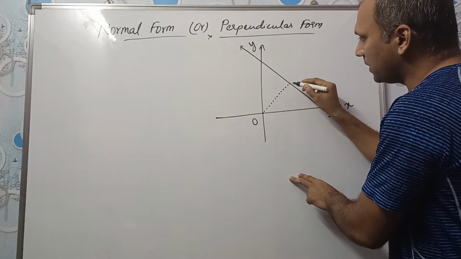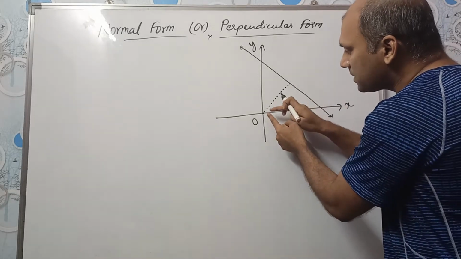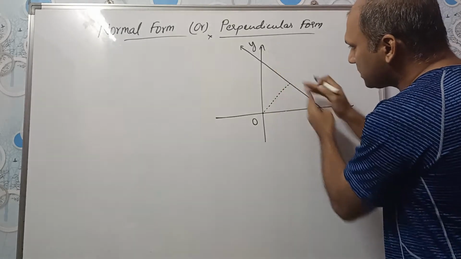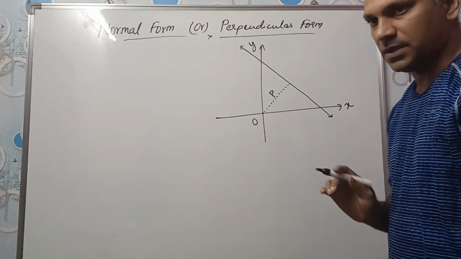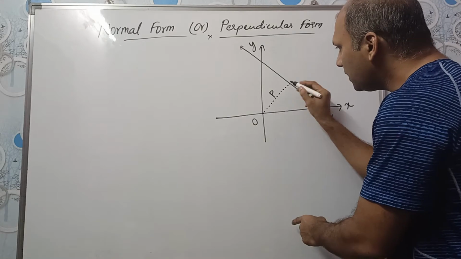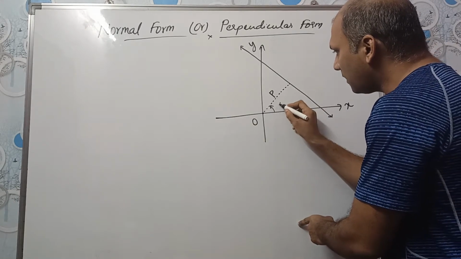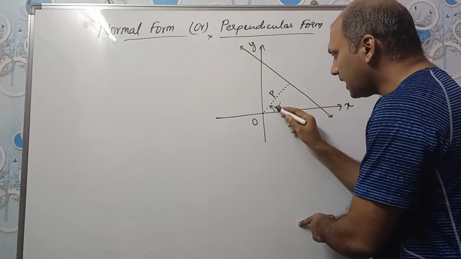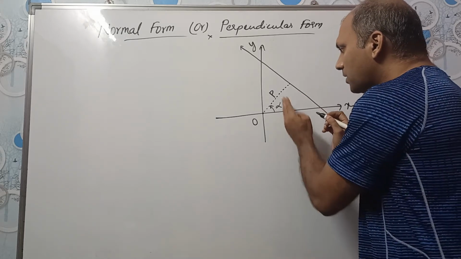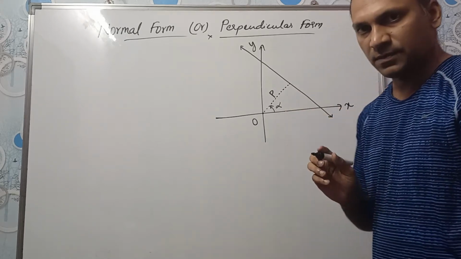This is the perpendicular, and the perpendicular distance from origin to this straight line is P. Let us say it is P. And this perpendicular is making an angle alpha with the positive direction of x-axis.